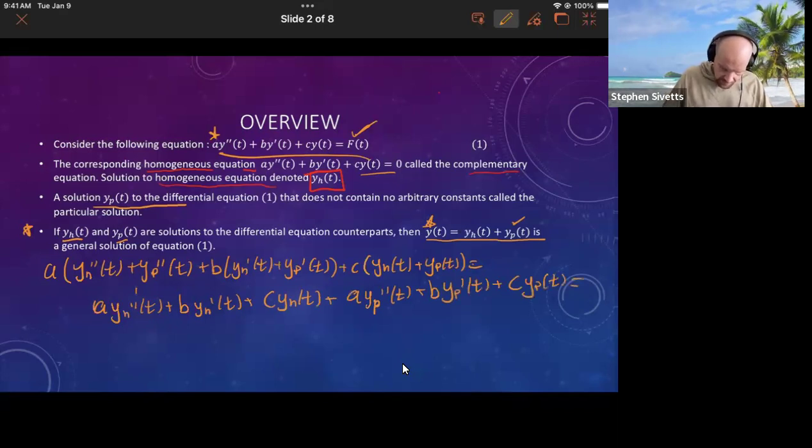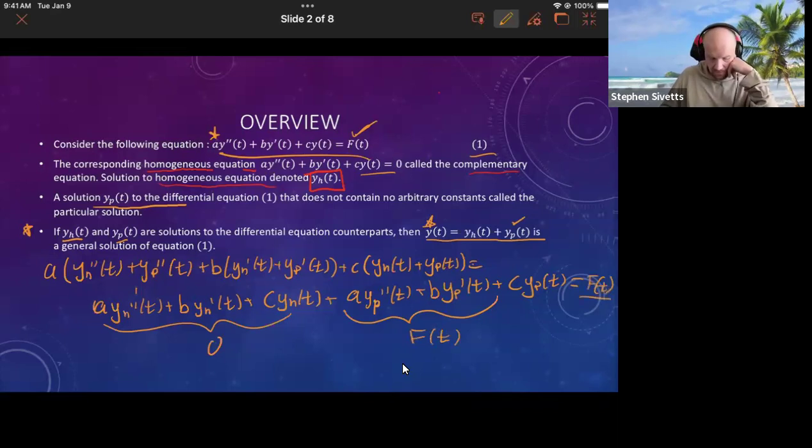Since y sub h of t is a solution for the homogeneous equation, the first part would be 0. And since the particular solution is a solution for the differential equation here, this would equal capital F of t.